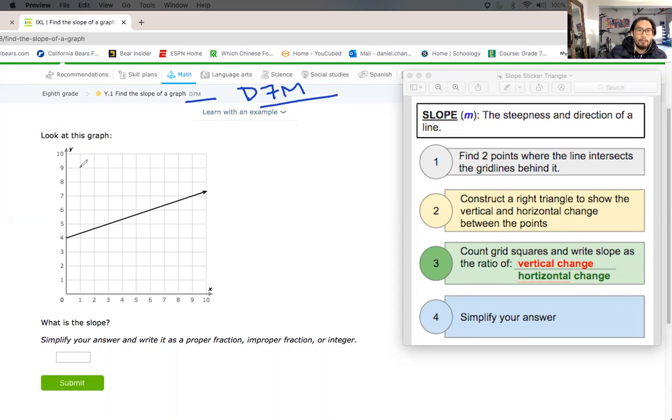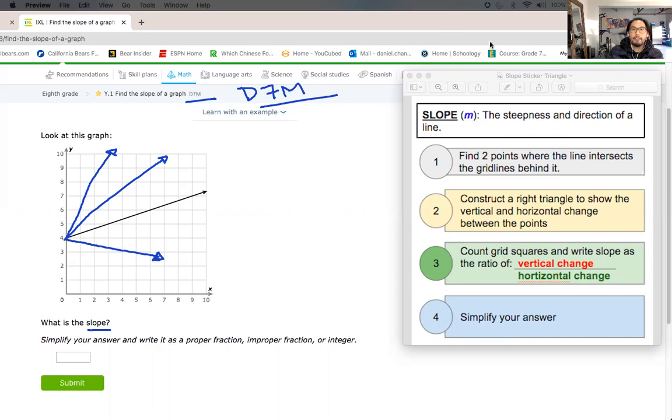All right, look at this graph. What is the slope? Remember, the slope is the steepness and direction of a line. Steepness means how close to vertical it is, how close it is to the y-axis. So these lines are all steeper than this one. This line is flatter and less steep.